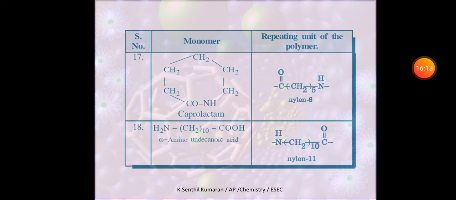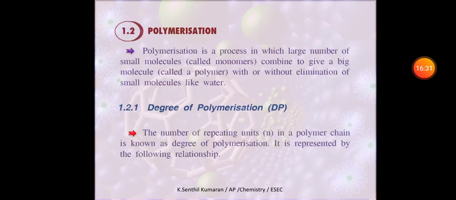Deca means 10, undecanoic acid means 11 carbon atoms. It polymerized to form nylon 11.